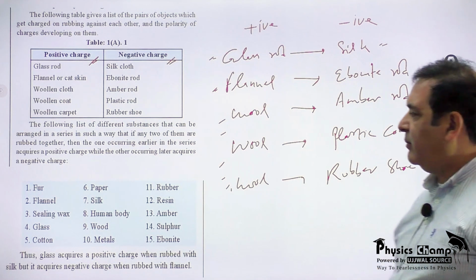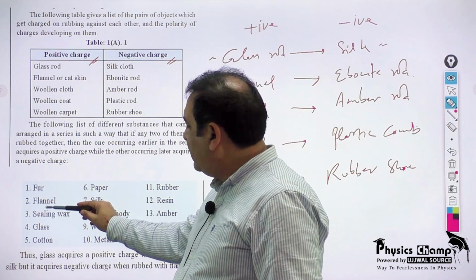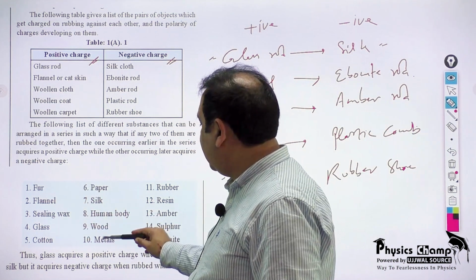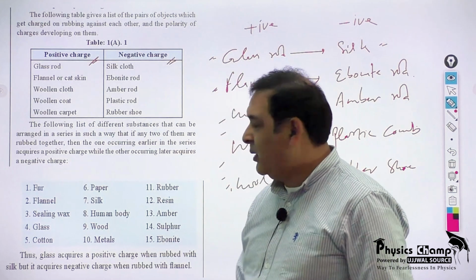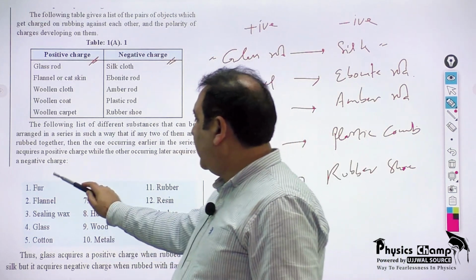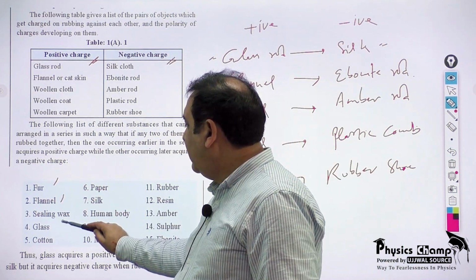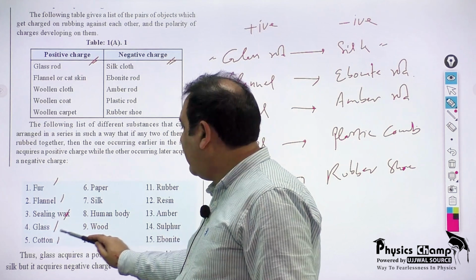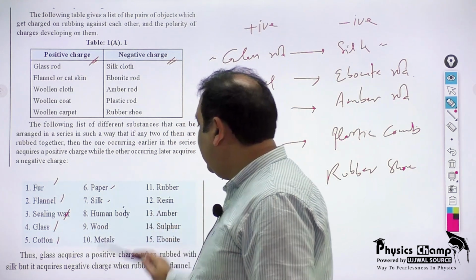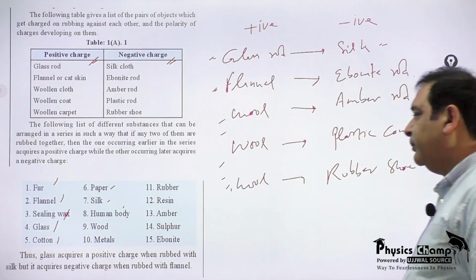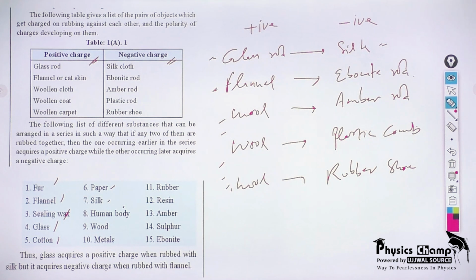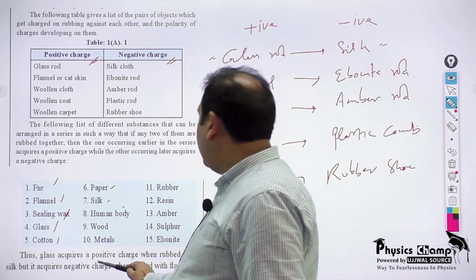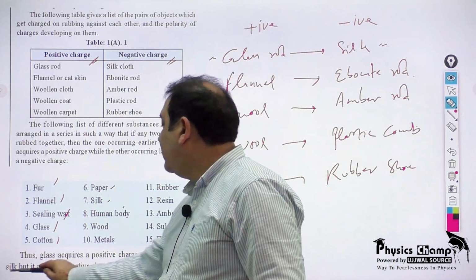And here is the sequence: 1, 2, 3, 4, 5, 6, 7, 8, 9, 10 and up to 15. First comes fur, then flannel, then sealing wax, then glass, then cotton, then paper, then silk, then human body. So this sequence 1 to 15 confirms that the one which comes earlier, like glass, acquires a positive charge when rubbed with silk.